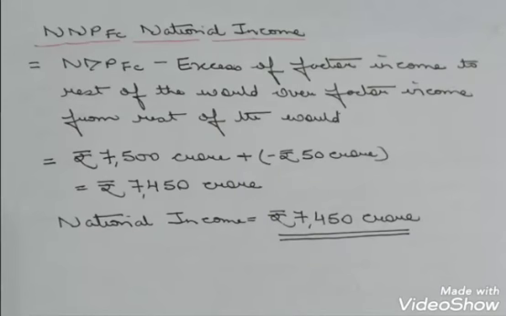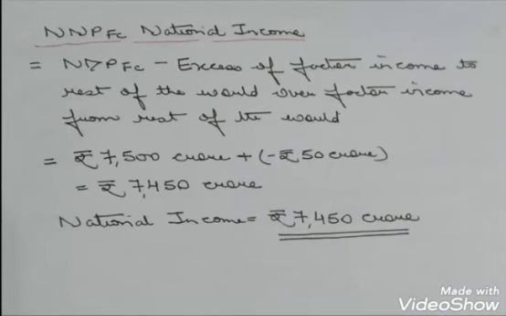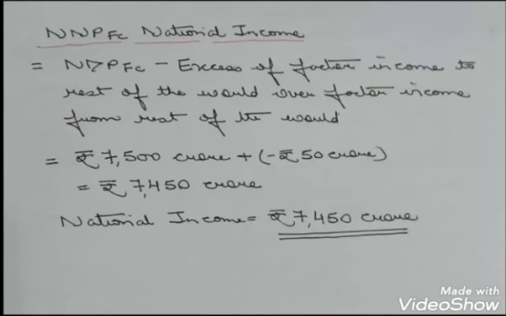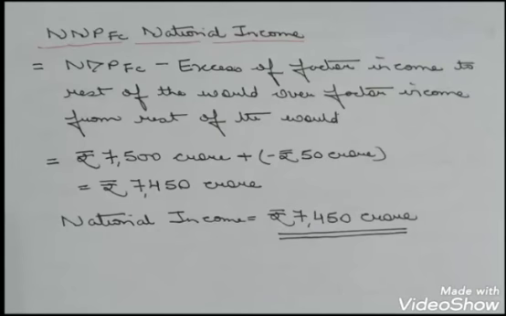That means you have given the excess of factor income, then what you have received from the world. So our NDP at factor cost is rupees 7,500 crore plus in bracket minus rupees 50 crore, and you get a value of rupees 7,450 crore, which is actually your national income.